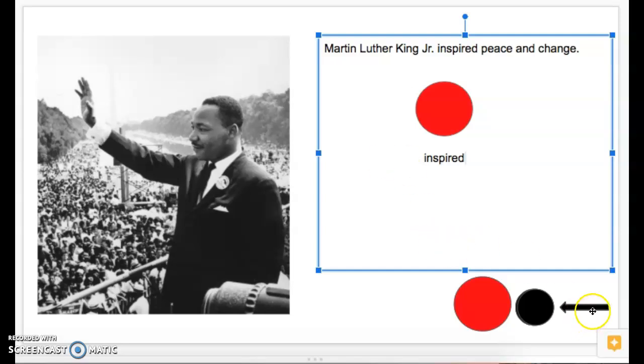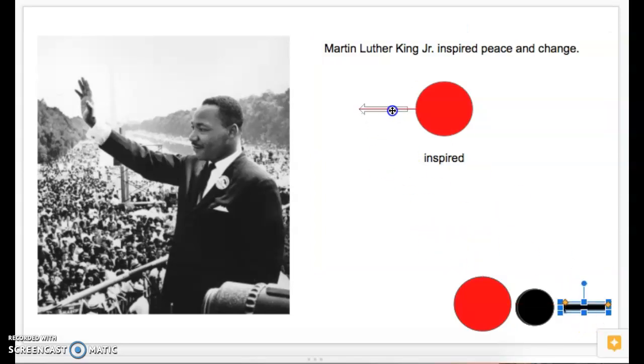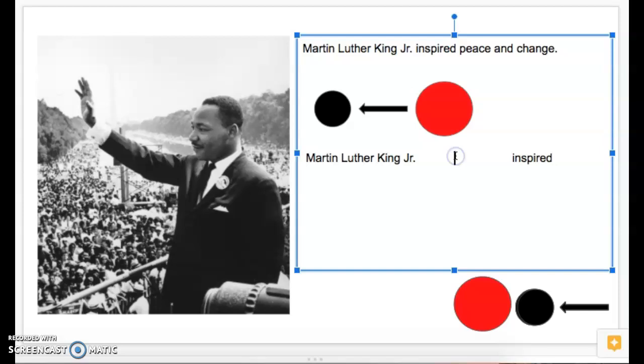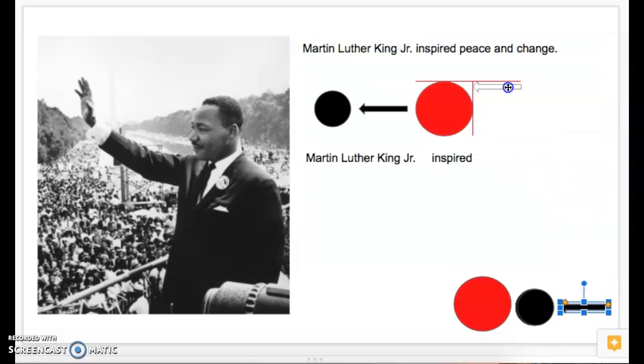Who is it that inspired? Martin Luther King Jr. And then Martin Luther King Jr. inspired what? And we do have two things that are receiving that action: peace and change.